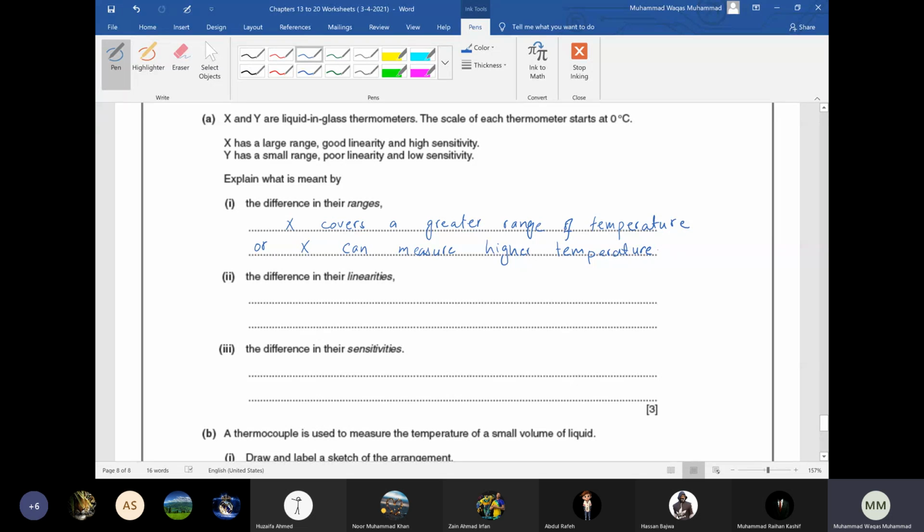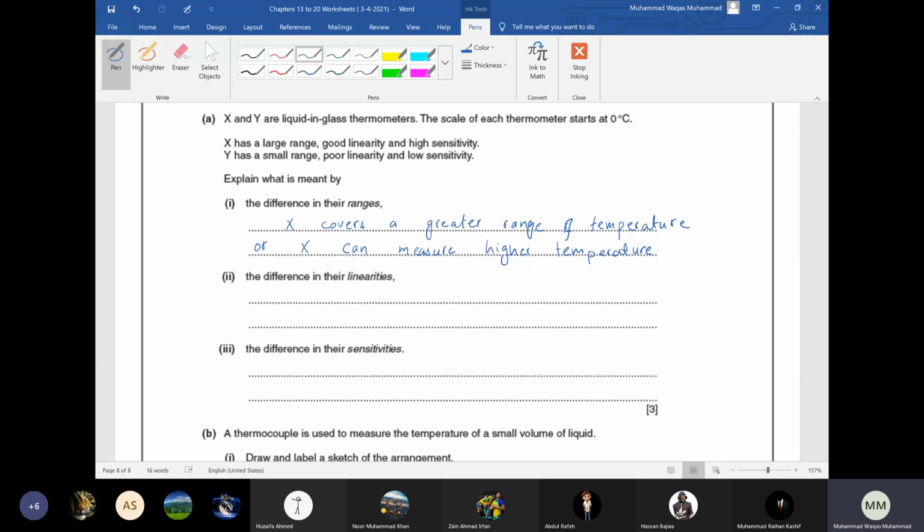Next, beta, the difference in their linearities. Beta, you remember what is the meaning of linearity? We say a thermometer is linear if the liquid expands by the same amount for every degree rise in temperature, right?